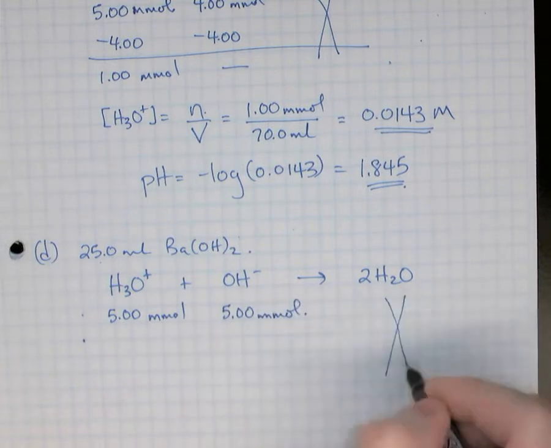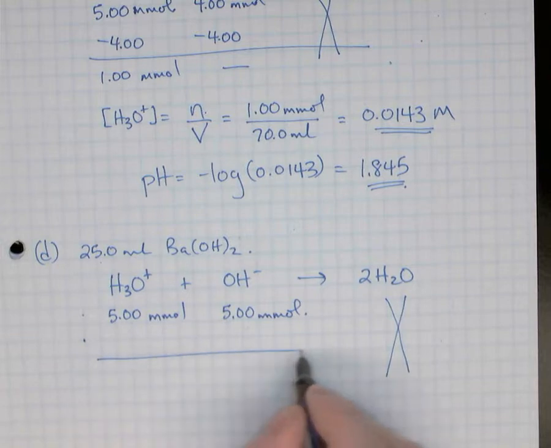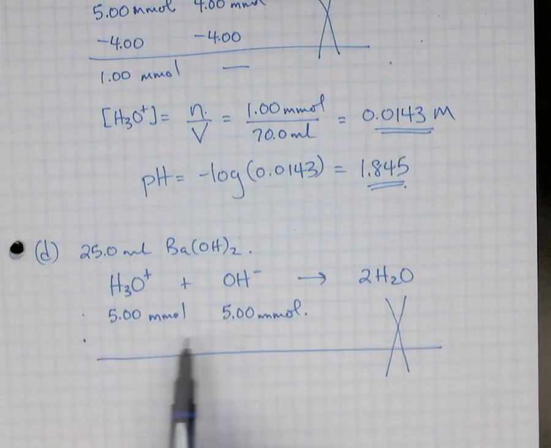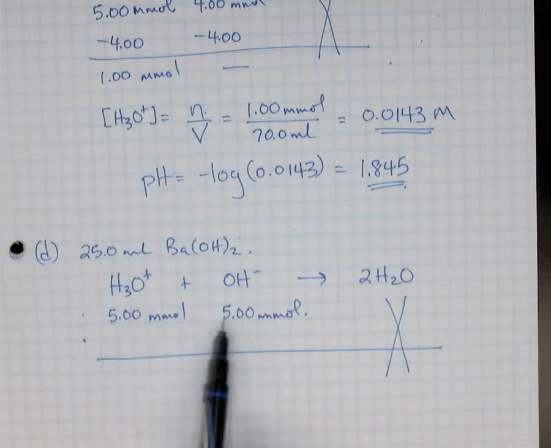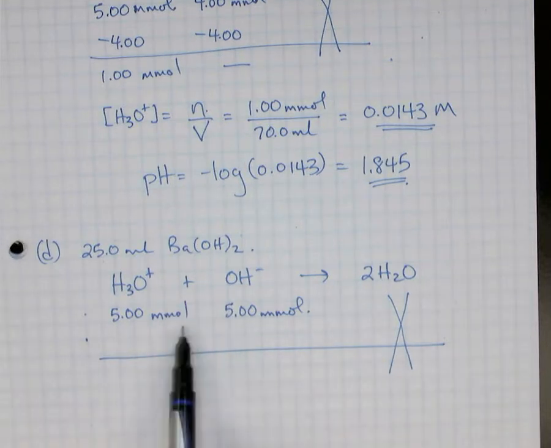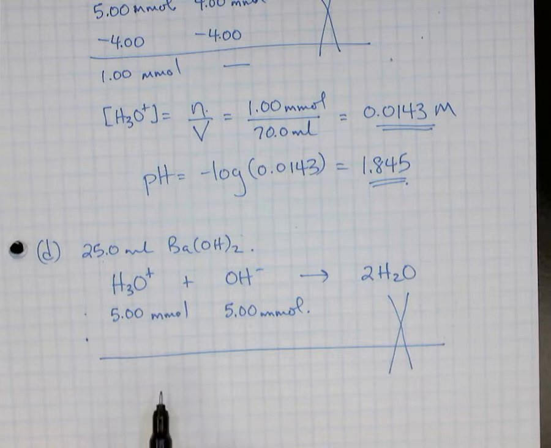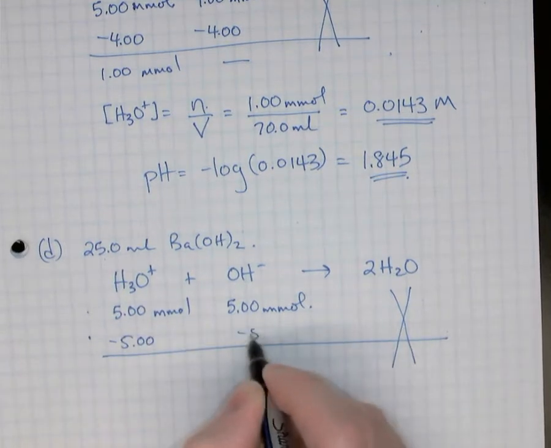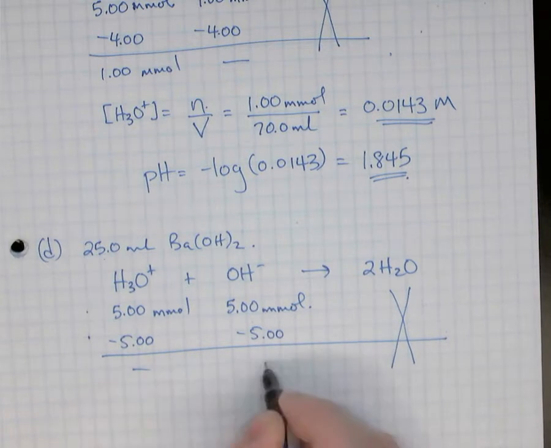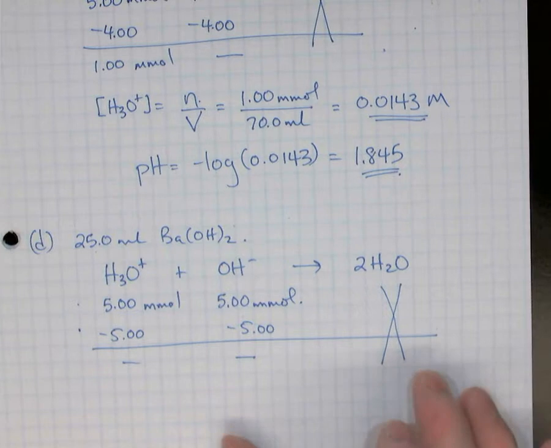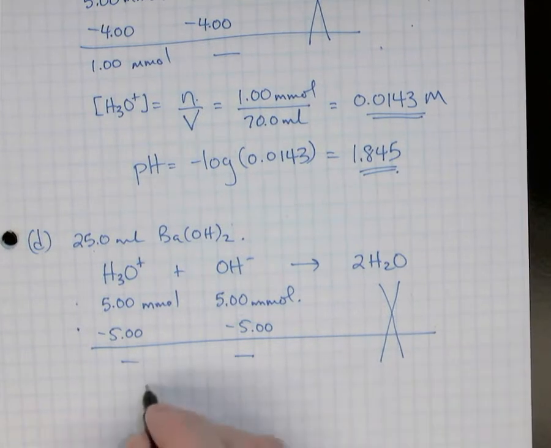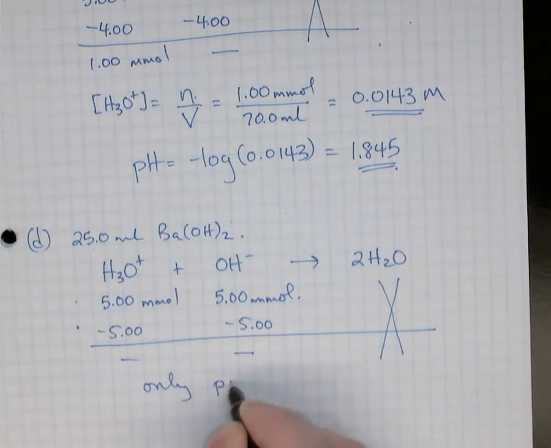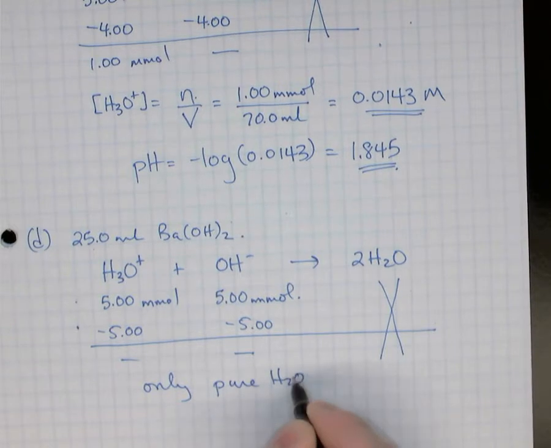And there's the clue, if you didn't notice it on the numbers earlier. This is now the equivalence point because we've got equal numbers here, an equal ratio, 1-to-1 ratio of hydronium and hydroxide. So this loses 5 millimoles, this loses 5 millimoles. We have nothing left. In fact, all we have left is pure water. So only pure water remains.